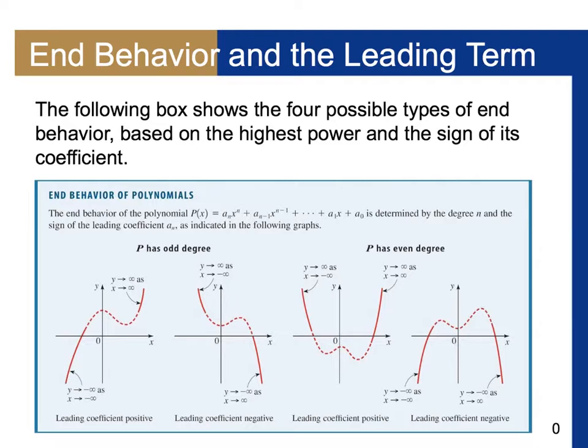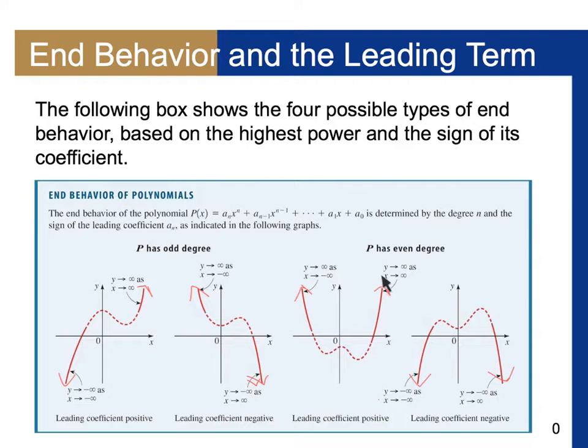These should technically be arrows, so I'm going to put arrows there because that's really important. This goes up and up, we'll look at that one in a second. This goes down and down. So for odd degree, it's going to go up in one direction and down in the other. It could be going up on the right and down on the left, or vice versa.